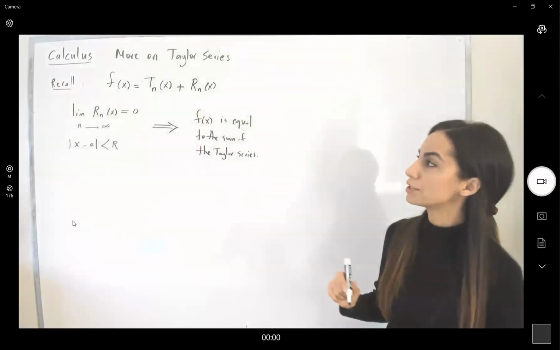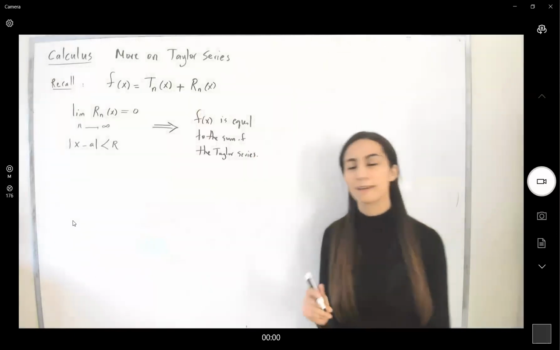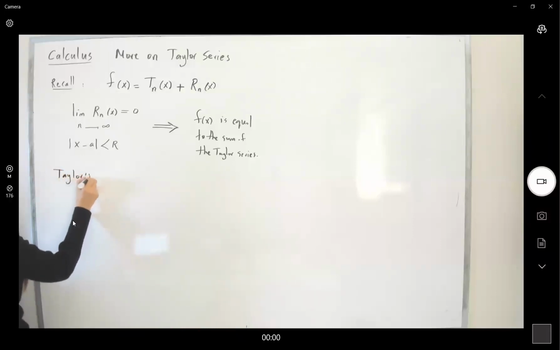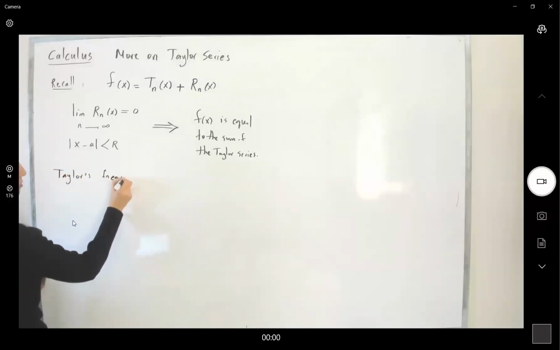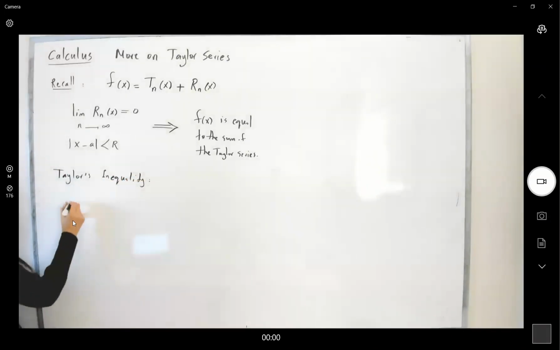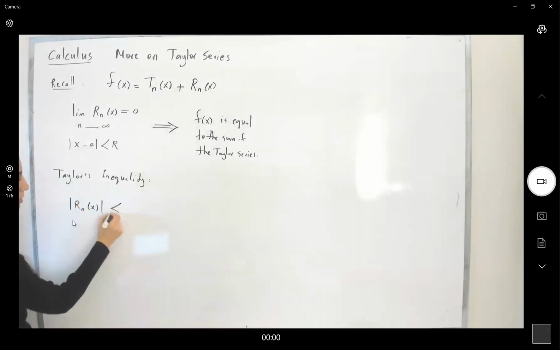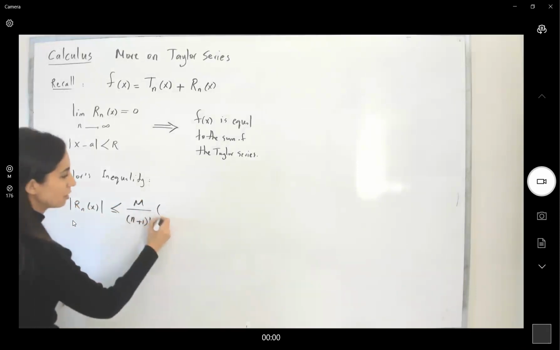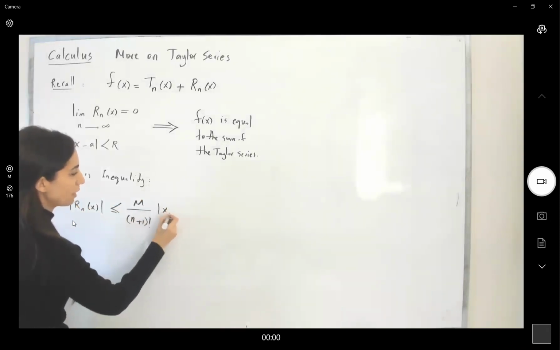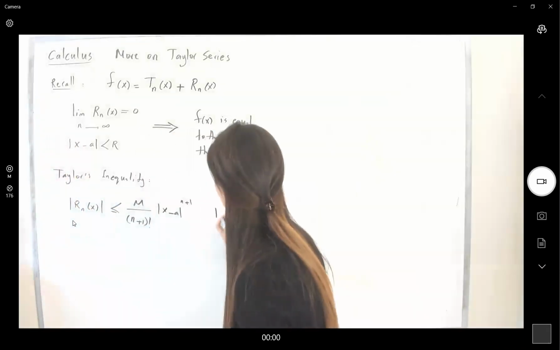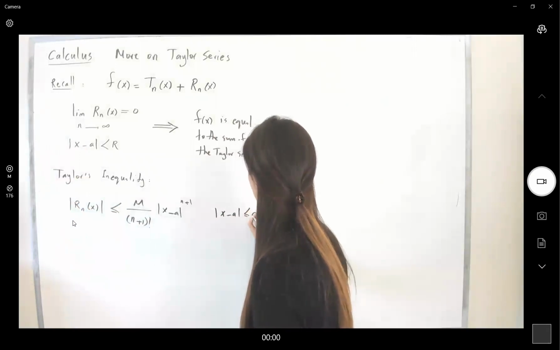So to use this theorem, remember that we use Taylor's inequality, which says that your Rn of x can be bounded by M over n plus 1 factorial, absolute value of x minus a to the power n plus 1, on the interval absolute value of x minus a less than or equal to d.